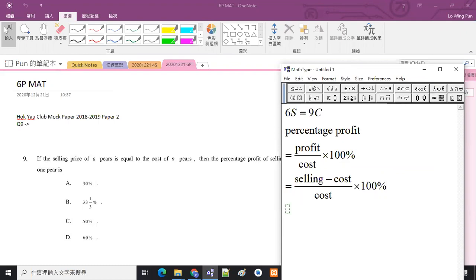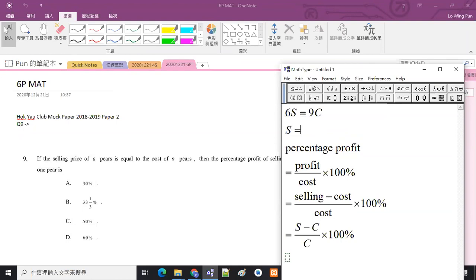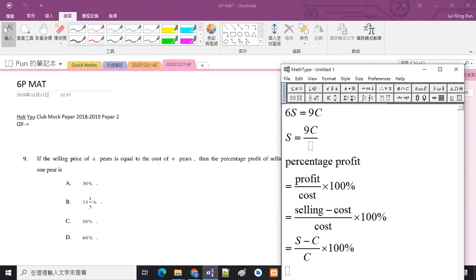Okay? So in our question, that should be equal to S minus C over C times 100%. But if we just keep the letter S and letter C, they cannot be calculated. We need this preparation. 6S is equal to 9C, which means that S should be equal to 9C over 6.